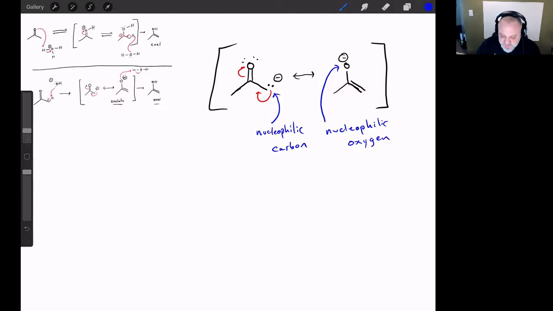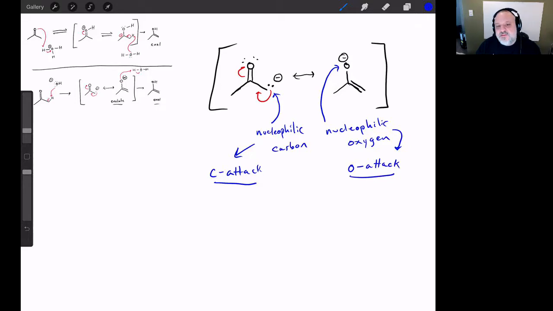So that means that I could have chemistry involved with the carbon acting as a nucleophile, C attack, or I could have chemistry with the oxygen acting as a nucleophile, O attack.